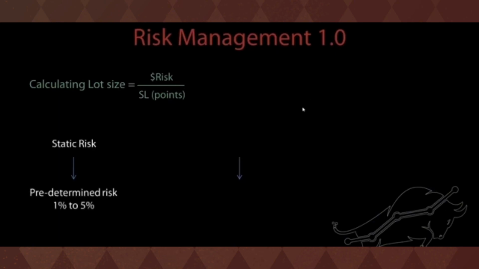Now risk is basically divided into two parts, right? Number one is your static risk. Number two is your dynamic risk. Most people like to use static risk, and when you're a new trader, I would recommend you use static risk. What static risk means is that you're approaching a trade with only one position, and that position is just one risk.